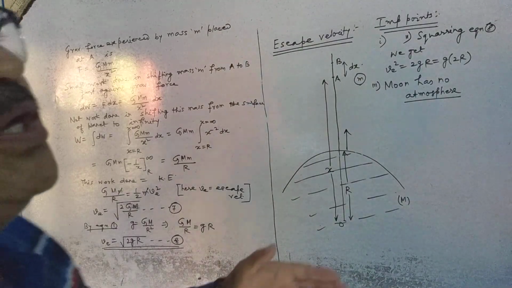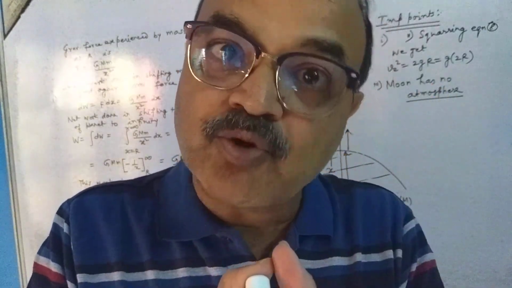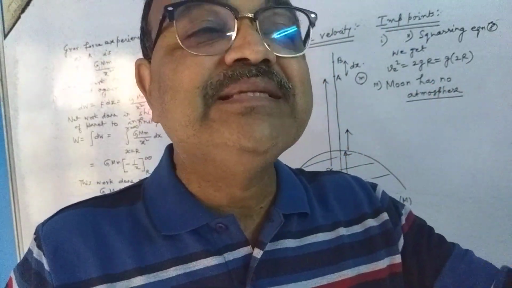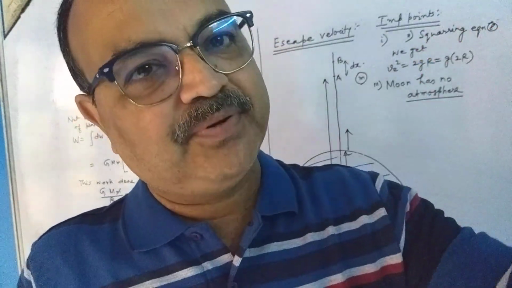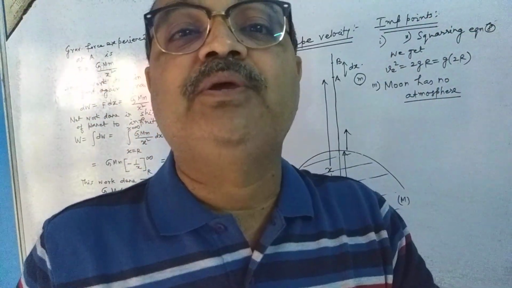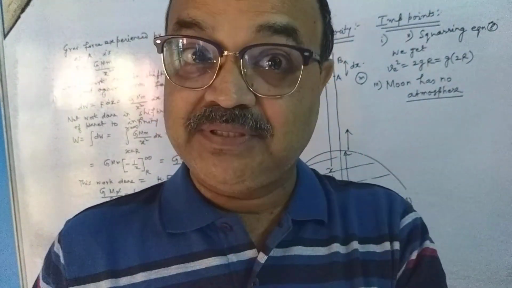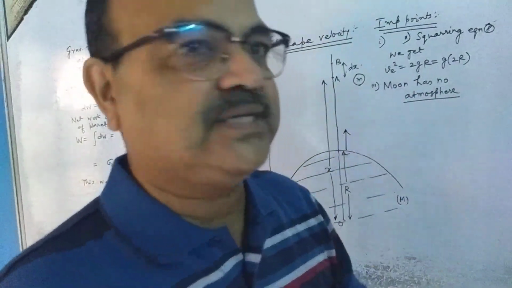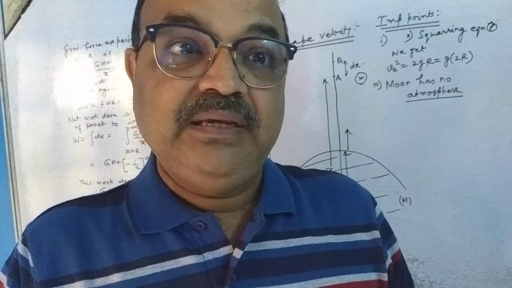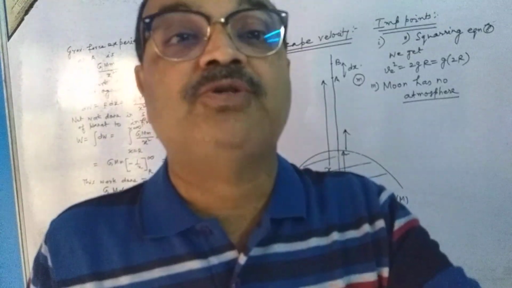Note it. Escape velocity on the moon is very small. So gas molecules on the surface of the moon, which are in random motion, their velocity will easily exceed the escape velocity and they will escape. So no gas molecules can remain, which happens on earth. अर्थ पर इसके वेलोसिटी का वैल्यू काफी ज्यादा होता है, अभी हम कैलकुलेट करके बताते हैं. इसके वेलोसिटी अर्थ पर काफी ज्यादा है, इसलिए गैस मॉलिक्यूल्स उसको कभी क्रॉस नहीं कर पाएगा.